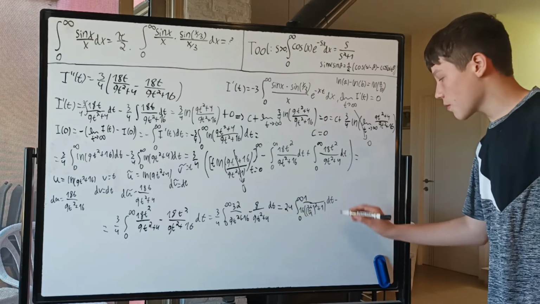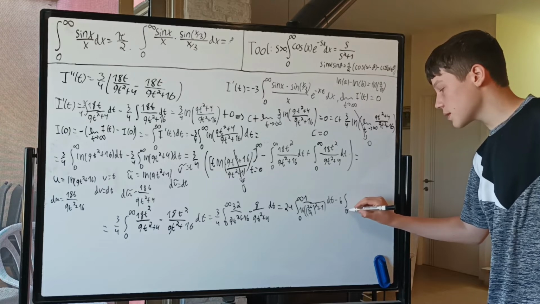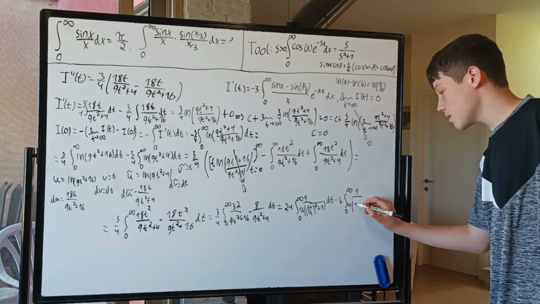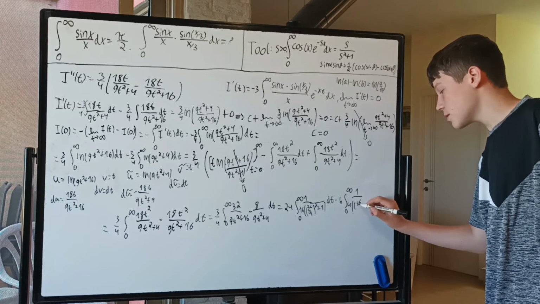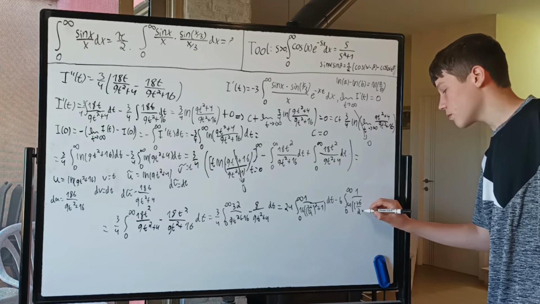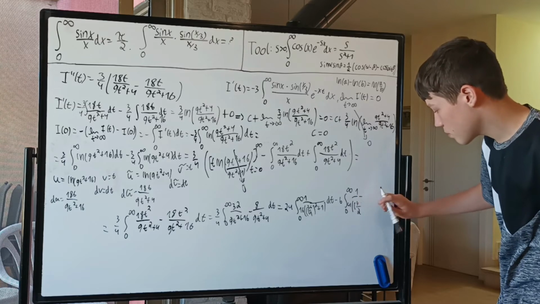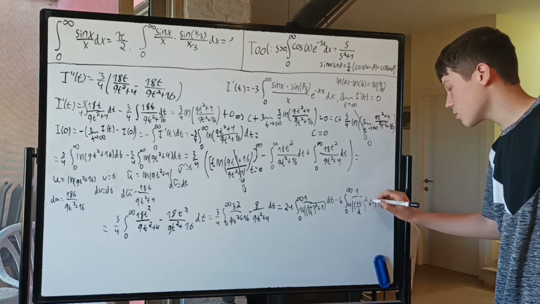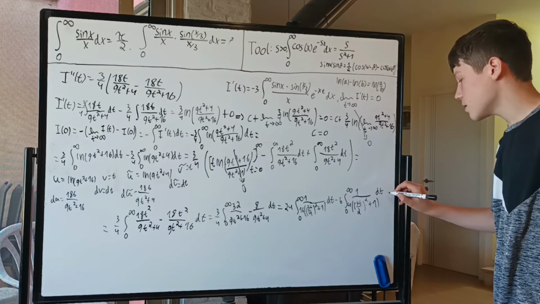And then 8 times 3 over 4 is 6, so I'll have minus 6, going from 0 to infinity. Again, I'll take out a 4 this time, and I'll have 3t over 2 squared plus 1 dt.